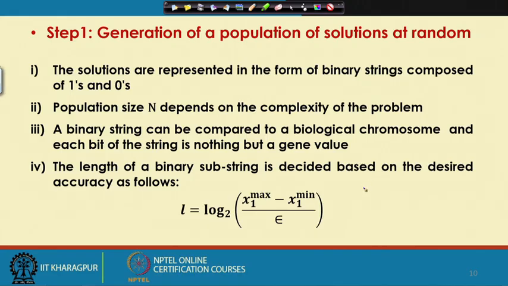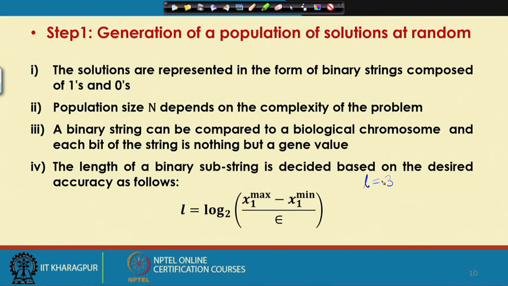The number of bits to be assigned to represent a particular variable depends on how much precision you need in the values of that variable. Supposing that I have decided to use only 3 bits to represent a particular real variable. Here, small l is nothing but 3.